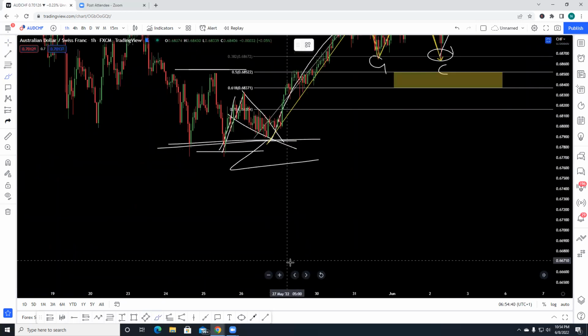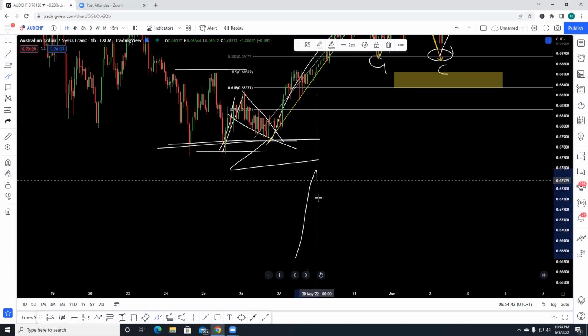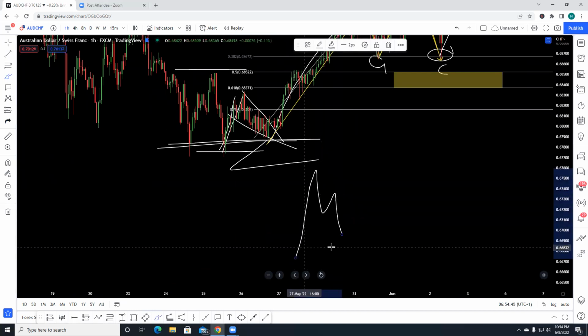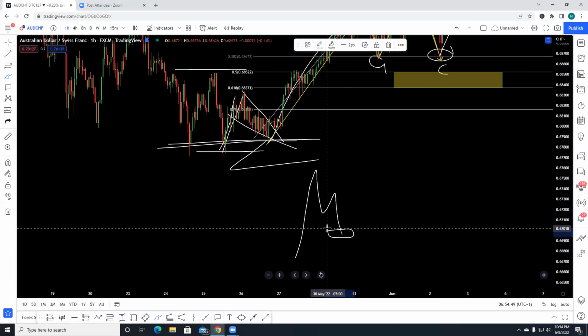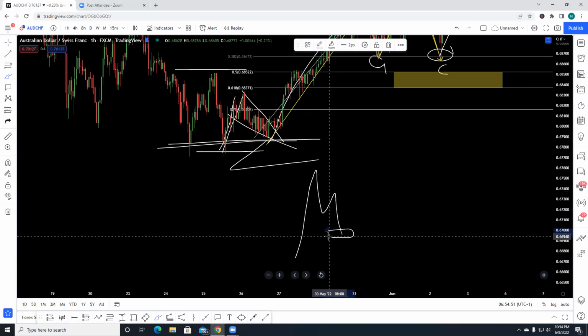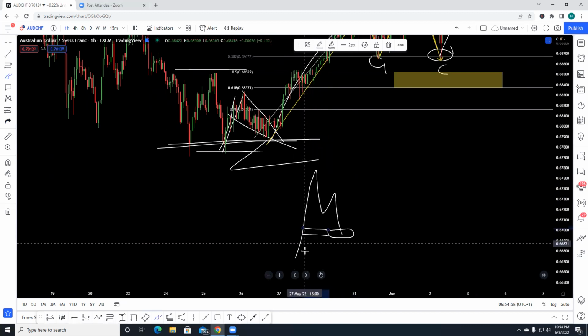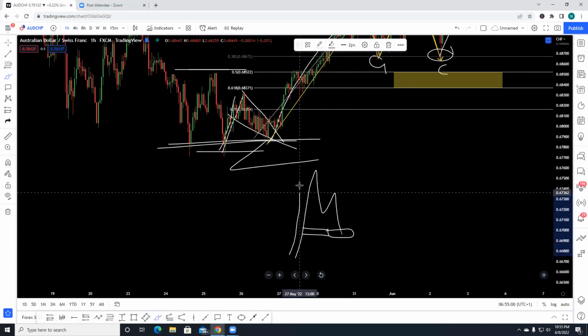If you have an impulse like this and you have a correction like this, if your correction is deemed to have been over here, and you have taken the fib, you have done all the background check and everything, then you look left here. What is the nature of this candle on this impulse?